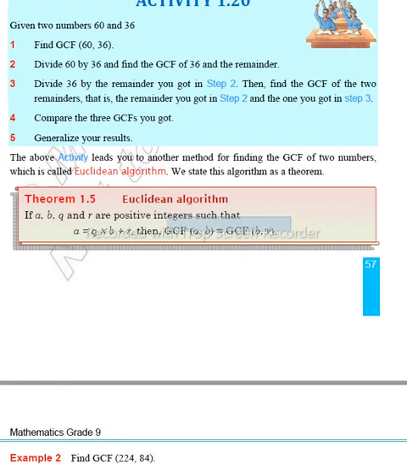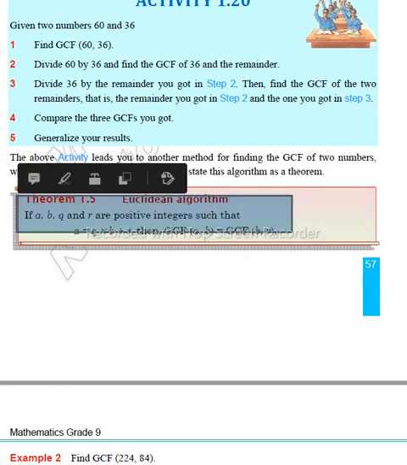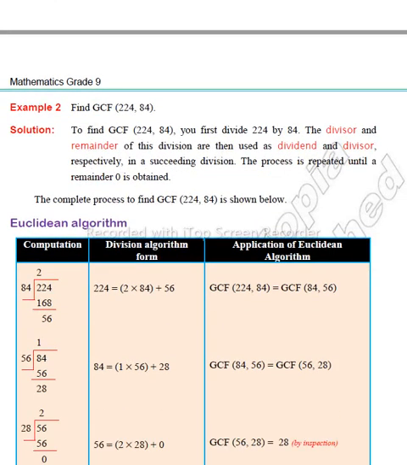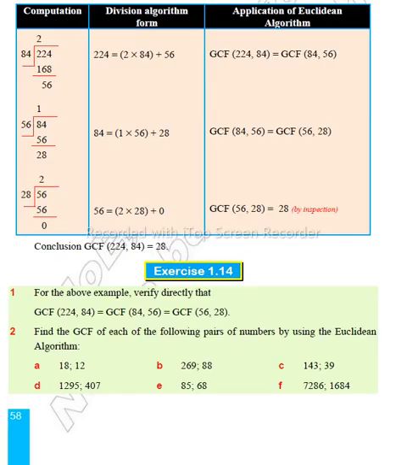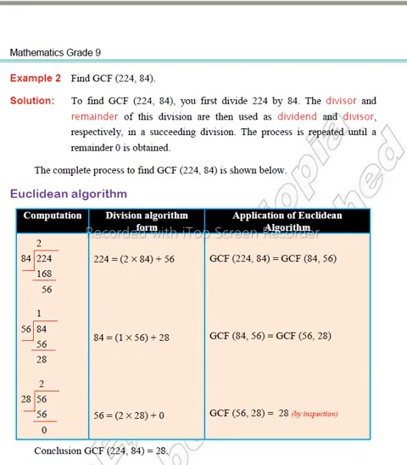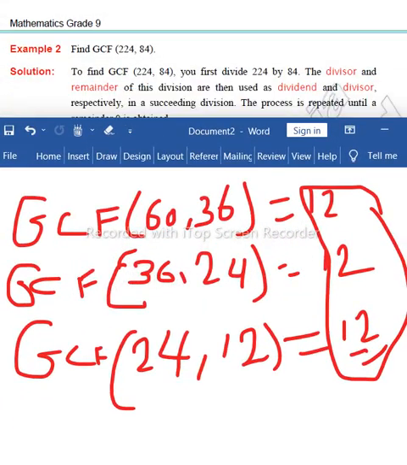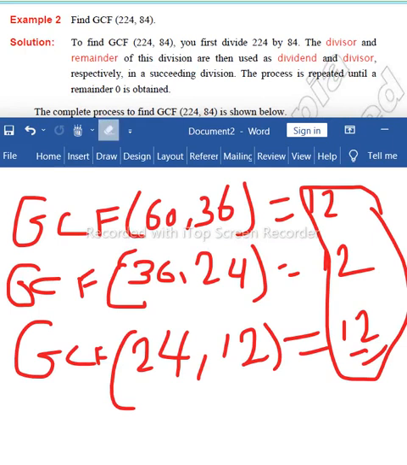So this is called the Euclidean theorem. Let us do some examples with this algorithm, using the same formula as the previous question.